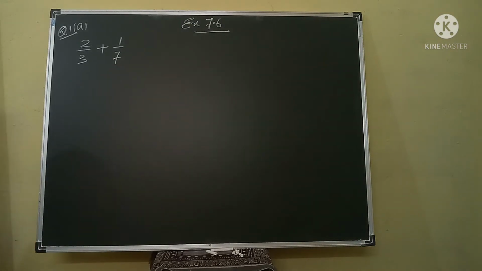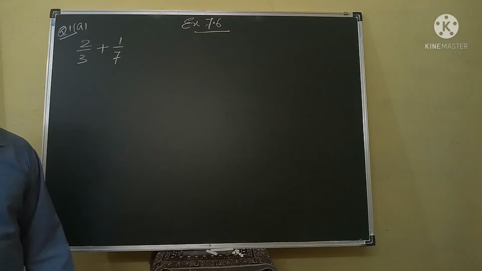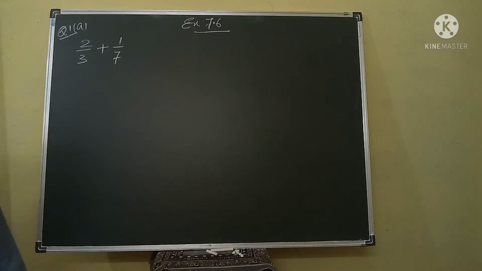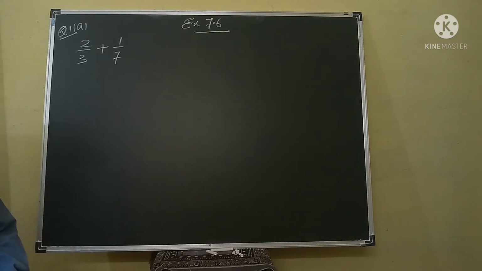That means in this exercise you will get unlike fractions. What will you do? First we will convert unlike fractions to like fractions. Then we will take out the solution and answer.